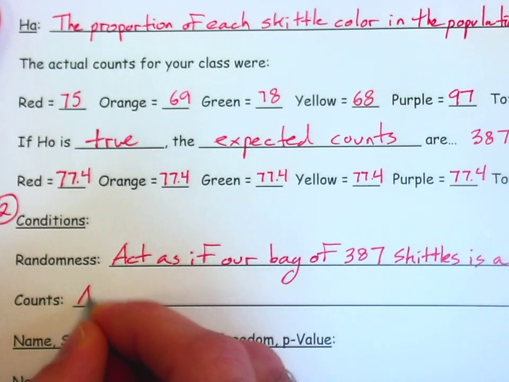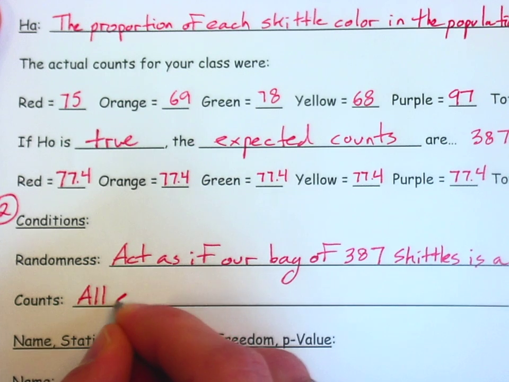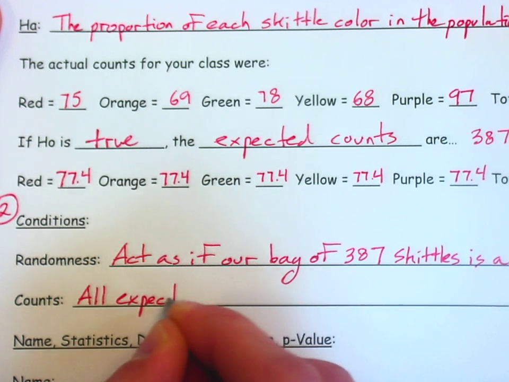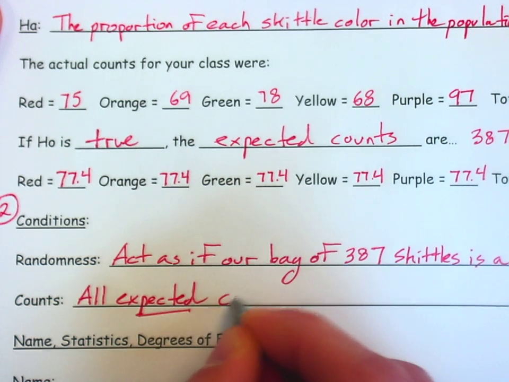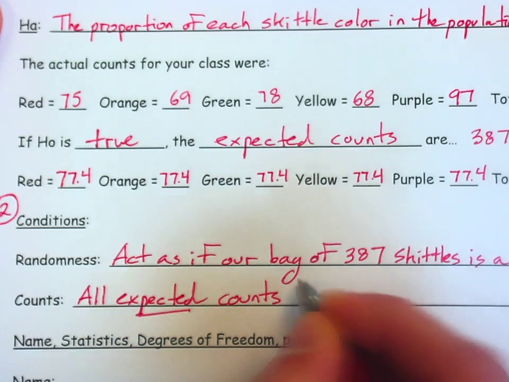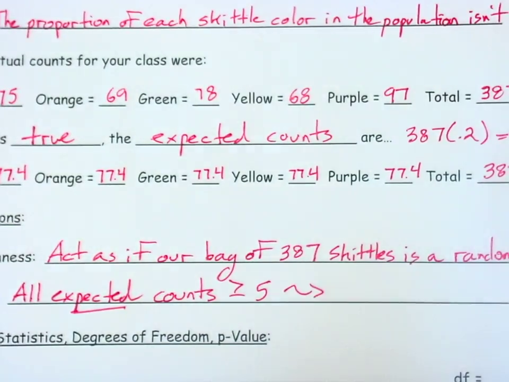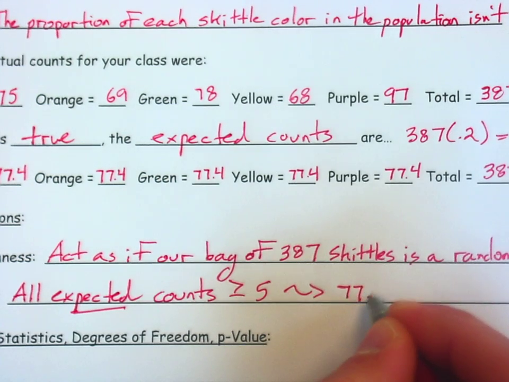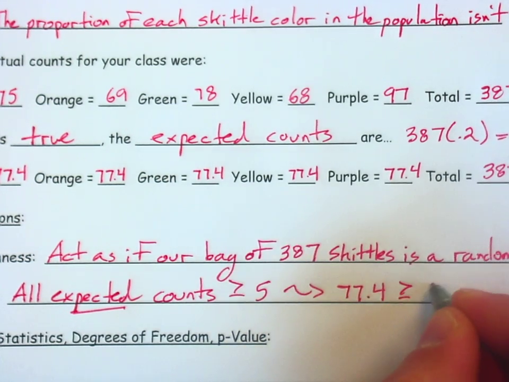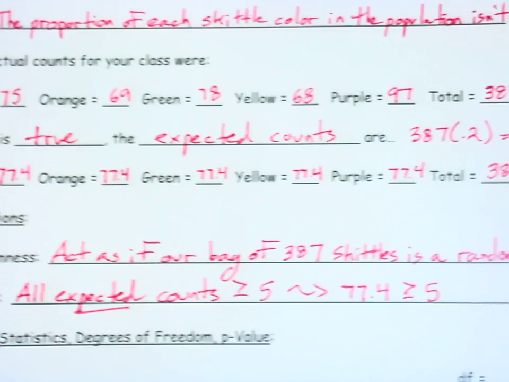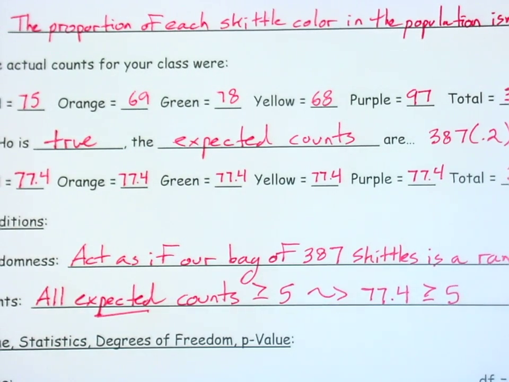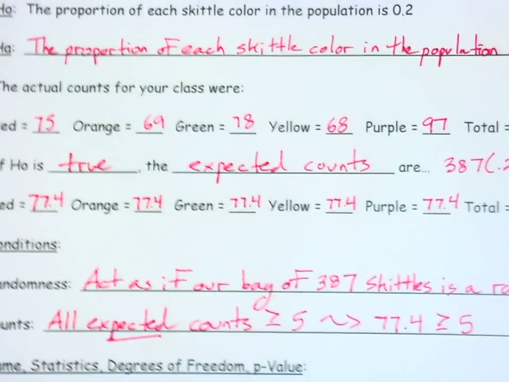So all expected counts, not the actual ones, the expected ones, are greater than or equal to 5. That's the condition, and certainly in our situation, 77.4 is greater than or equal to 5, so that is met.